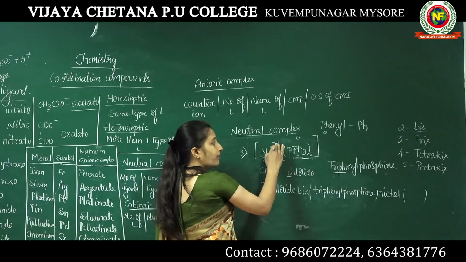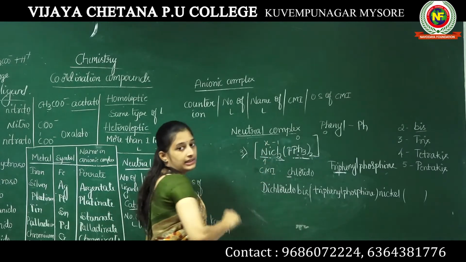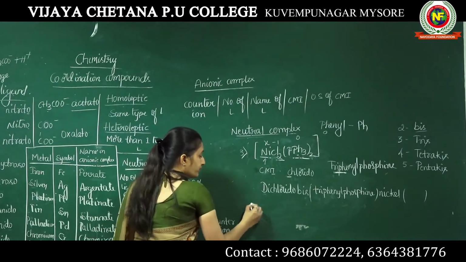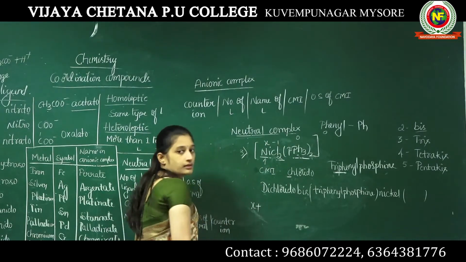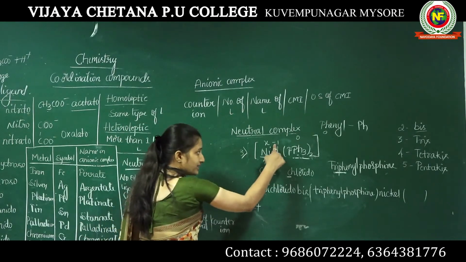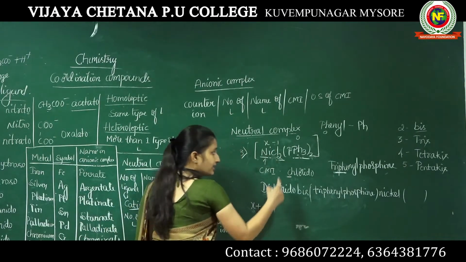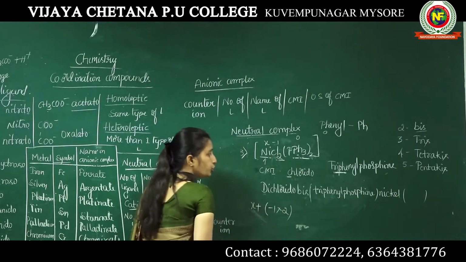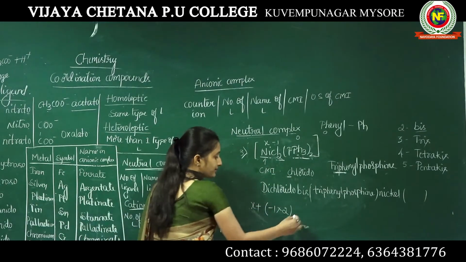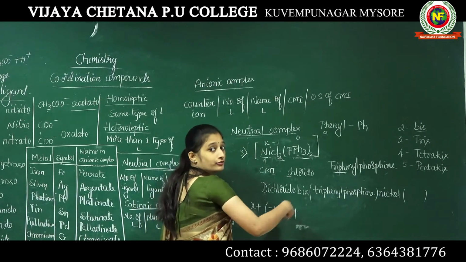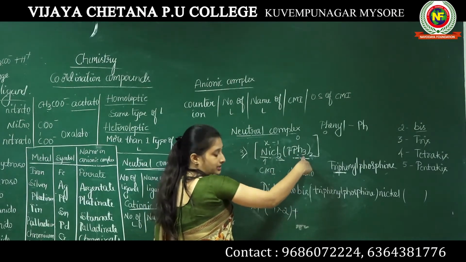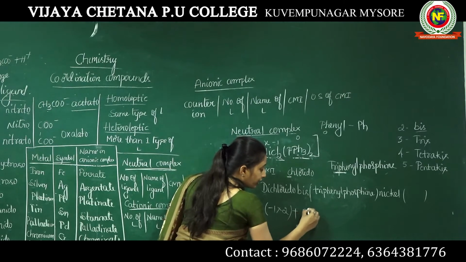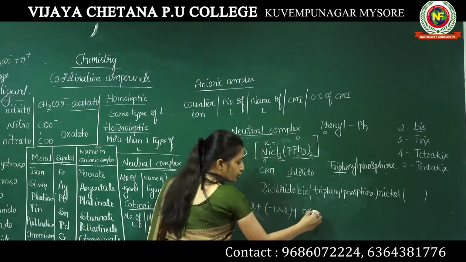It carries -1. I don't know for nickel. So, nickel X plus -1, one Cl charge is minus. How many chlorides are there? 2 chlorides. So, multiply by 2. Plus, along with chloride, PPH3 is there. So, plus 0 into 2 times.